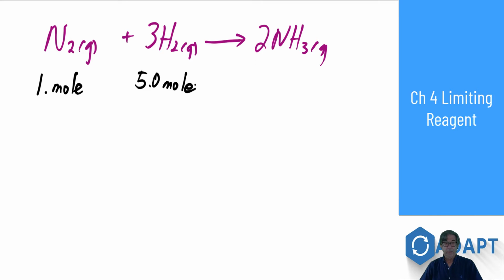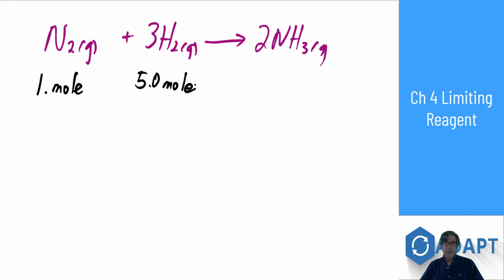And what we would like to identify is which one is the limiting reagent and which one is in excess. The idea of the limiting reagent is all stoichiometric calculations towards a product will be based on the limiting reagent. Once the limiting reagent is consumed, the reaction stops.